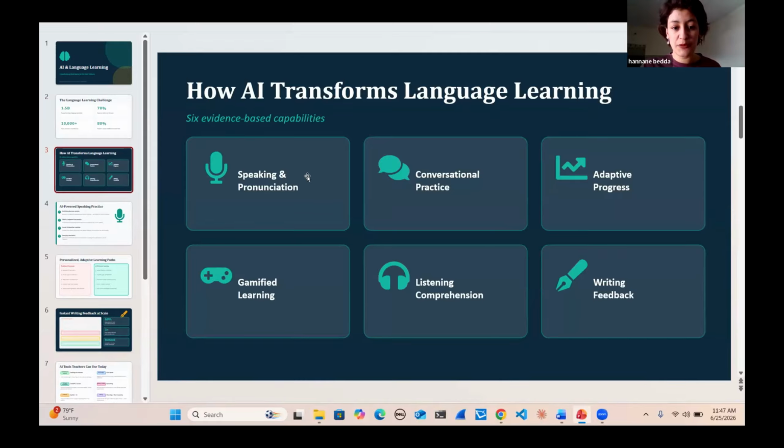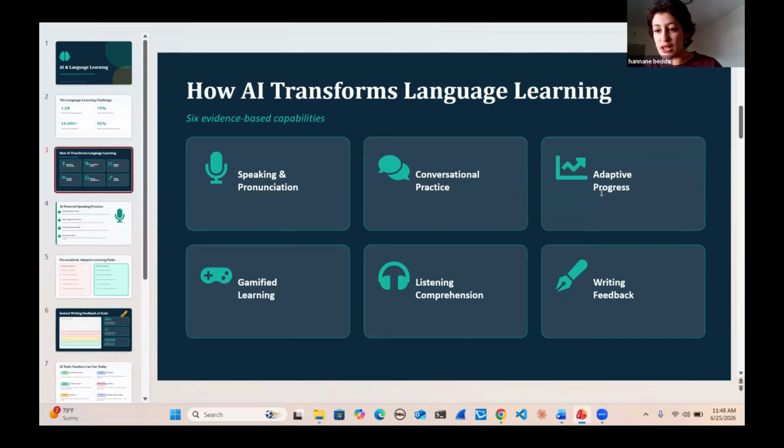So here is how AI transforms language learning. We have speaking and pronunciation. For example, you can use Elsa, an AI app that corrects your pronunciation, the way you pronounce the phoneme, etc. We have conversational practice and adaptive progress, so you can use AI to see how well you are doing.